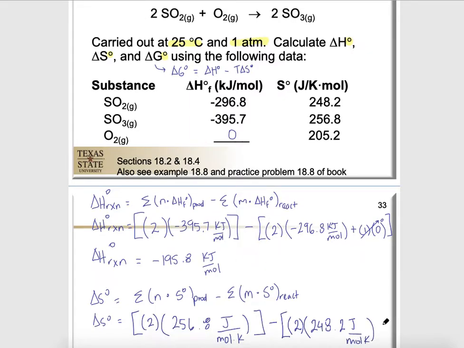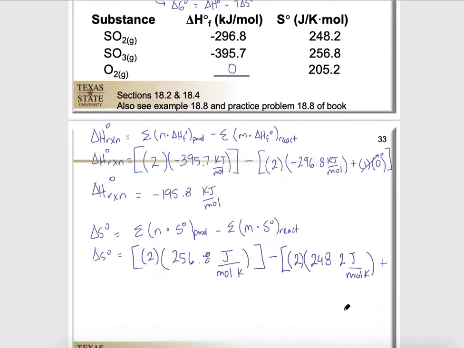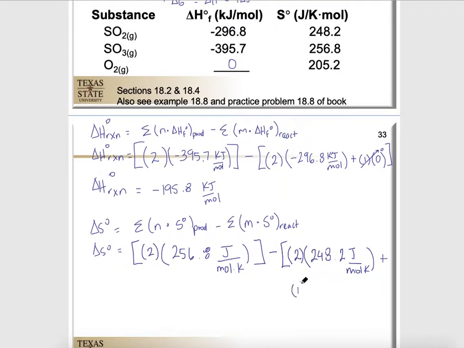And then to that, I'm going to add the other reactant, which is our oxygen. I have run out of space, I apologize. The oxygen has a coefficient of 1, and it has a value of the entropy of 205.2. And that's also joules per mole Kelvin. Okay, close parenthesis and close bracket.